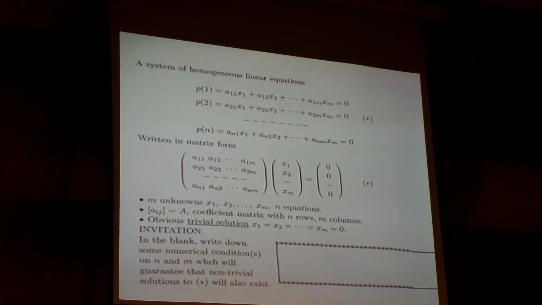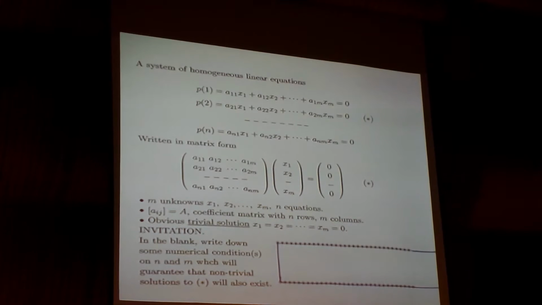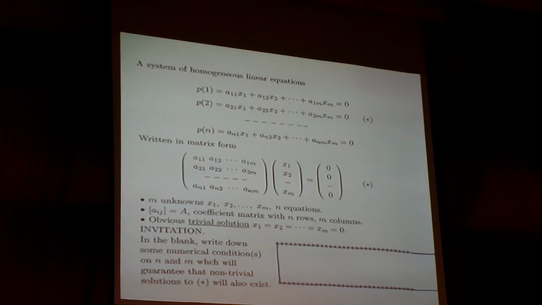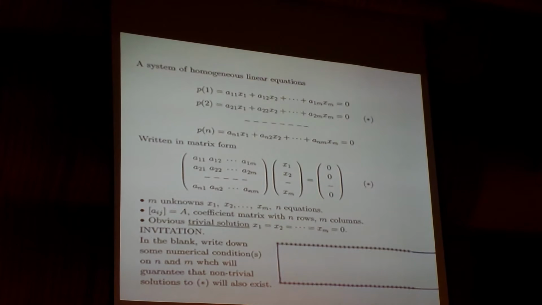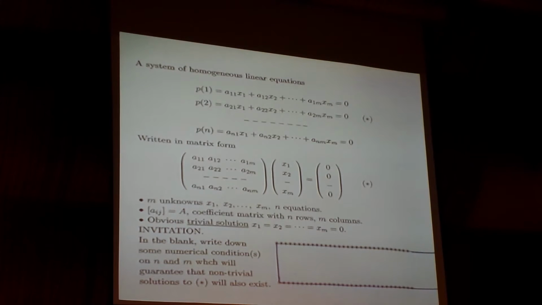A blank is provided there, and in the blank, please write down some numerical conditions on n and m, on the number of unknowns and the number of equations, that will guarantee that the system also admits non-trivial solutions, other than all the unknowns x being 0.